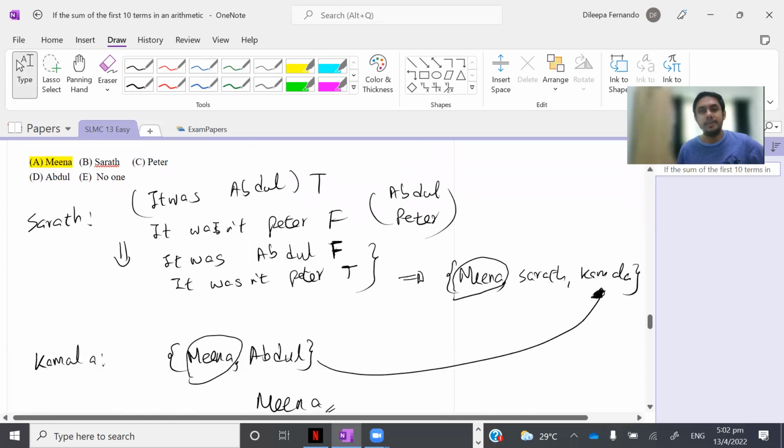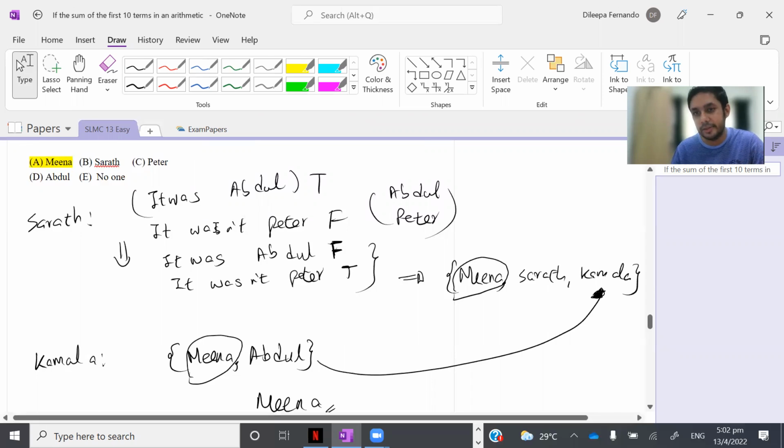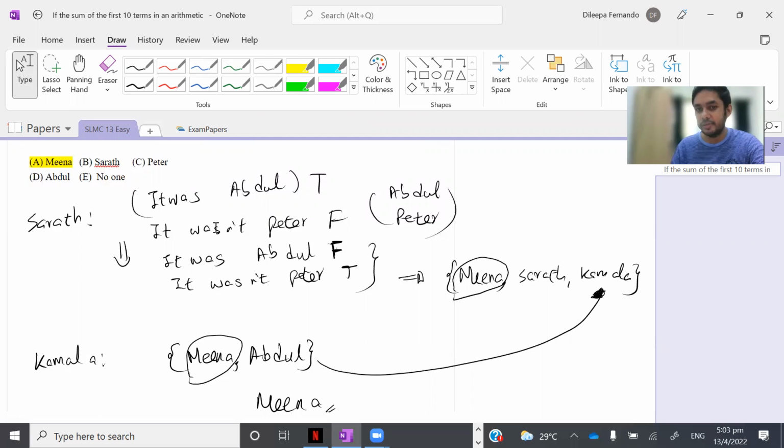So the strategy is: consider the statements and find a list of candidates which can be the answer. From each statement you can find a list of candidates, and the correct answer should be consistent with all the lists. That means the correct answer is the intersection of all the lists. Here we don't have to consider all the lists. Even by considering two lists, if the intersection is just one answer, that answer should be the one.